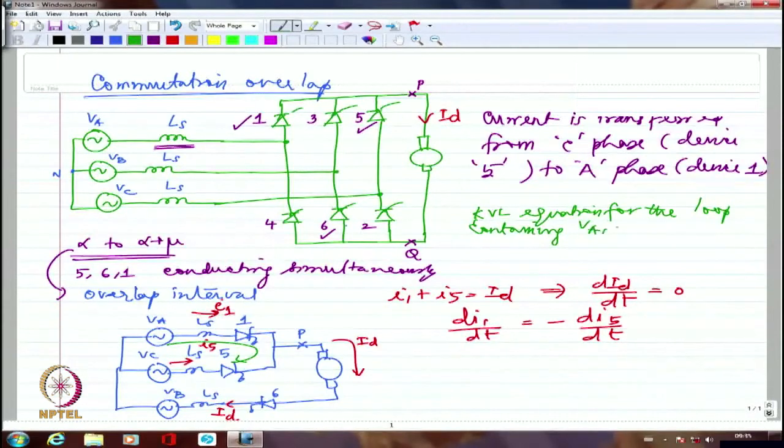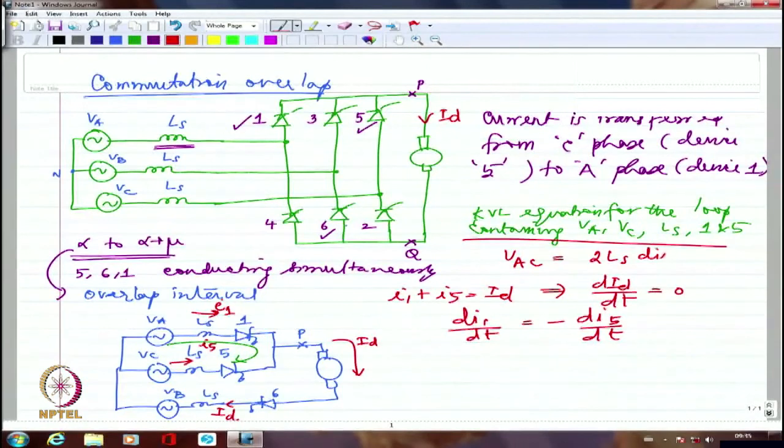And that resulted in VAC equal to 2LS into DI by DT. VA minus VC we wrote, and then LS into DI1 by DT. The other one was LS into DI5 by DT. And because DI5 by DT and DI1 by DT are equal to each other with opposite signs, we wrote that as 2LS DI by DT. This is what we wrote.